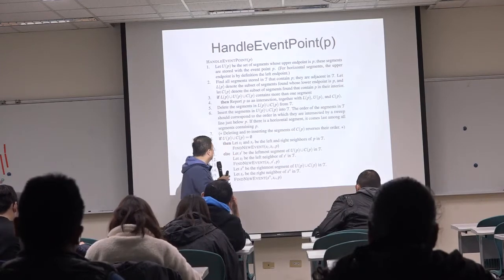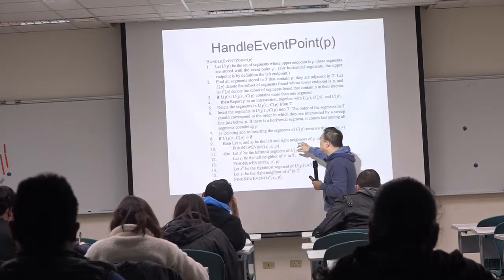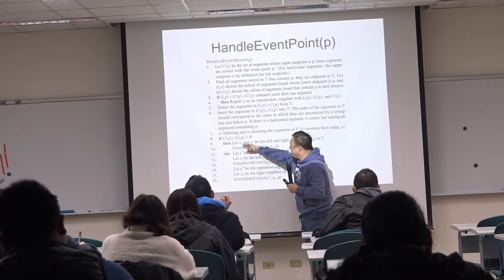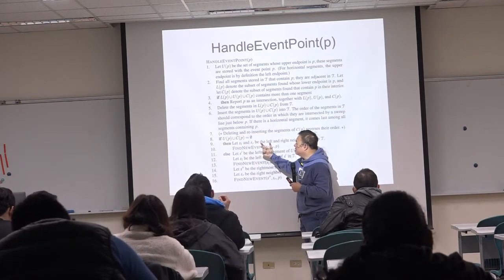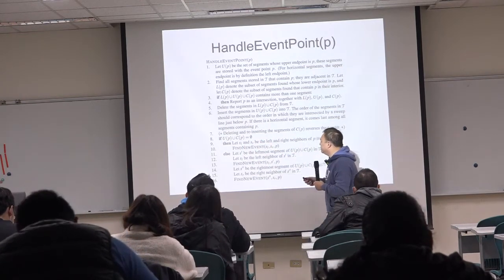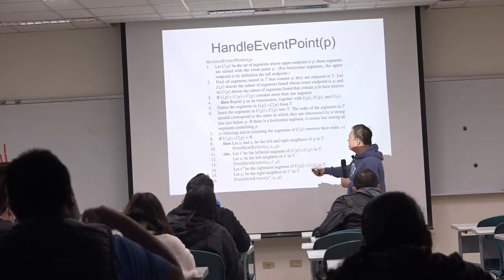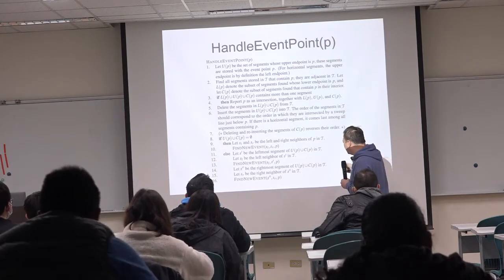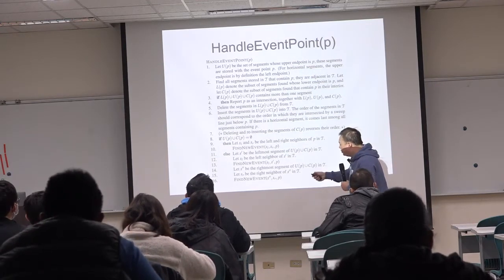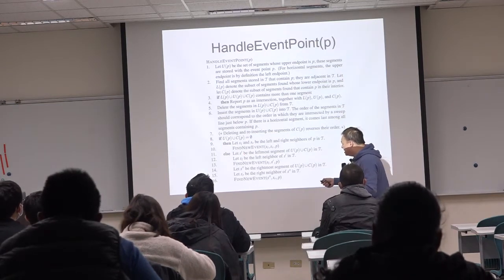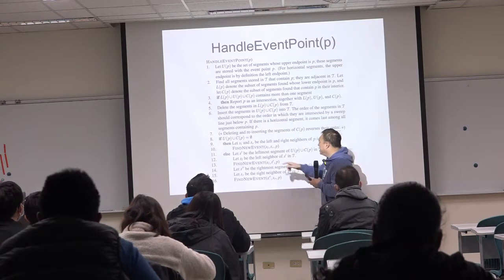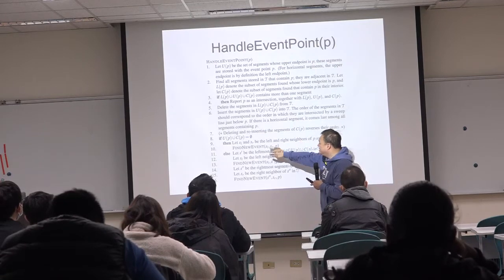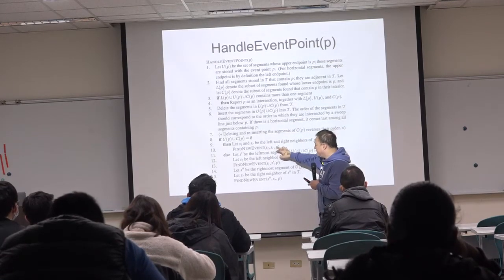Then we need to find the intersection. So let SL and SR be the left and right neighbor of P in the tree. Then we will try to find the new event of SL and SR. Remember, SL and SR are segments, and P.